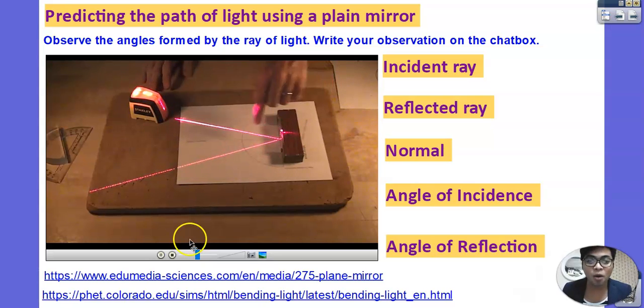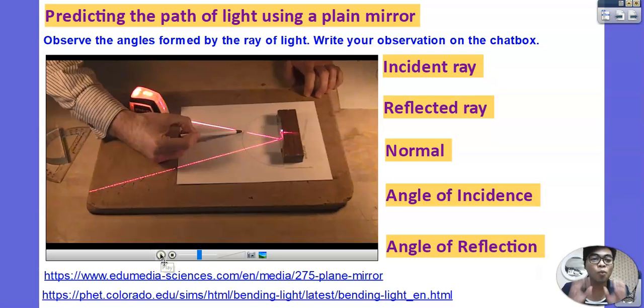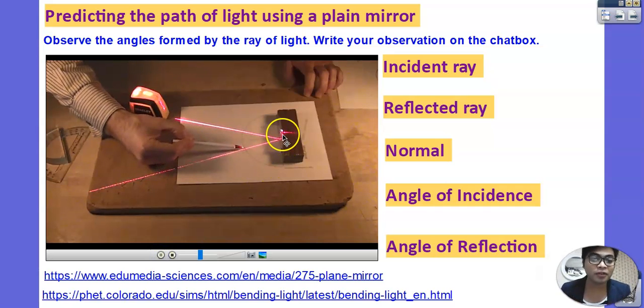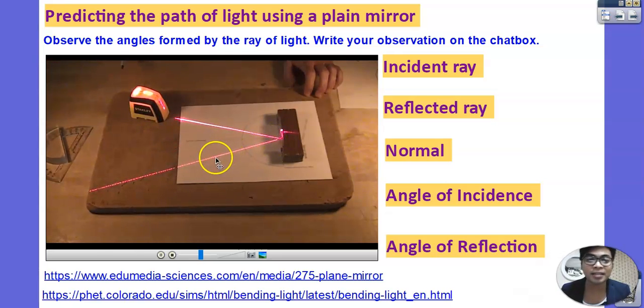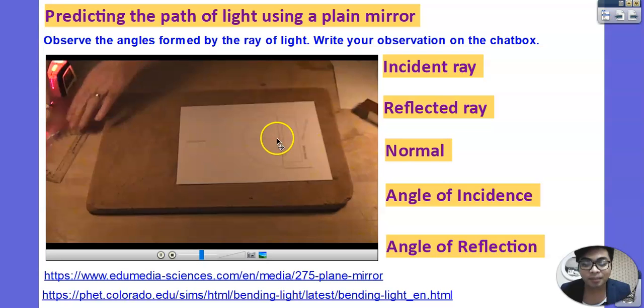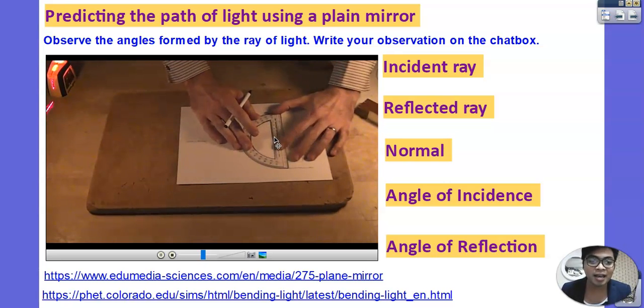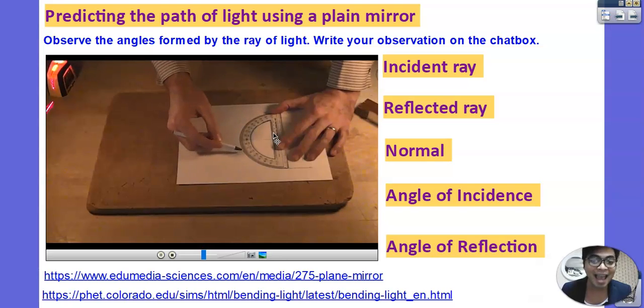By the way, what we can see here is the angle of the incident ray. It is the light that we flash on the mirror. And this one is called, of course, the mirror, and this one now is the reflected ray. In this experiment, they use a protractor to identify the angles which are formed.